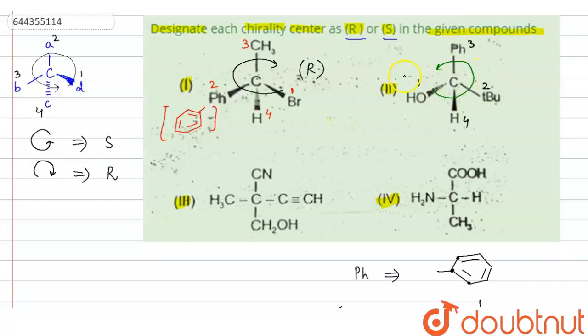Now this is basically anti-clockwise, and according to anti-clockwise the configuration should be S. But we will inverse the configuration, because hydrogen should be on dashed line, but it is on wedge line. So we will inverse the configuration. So we will get R. So its configuration is R.